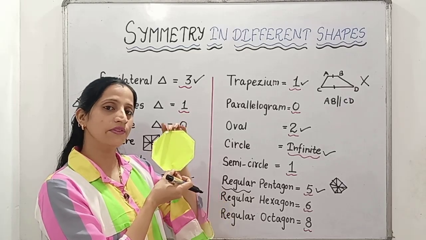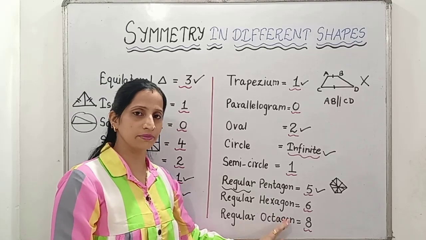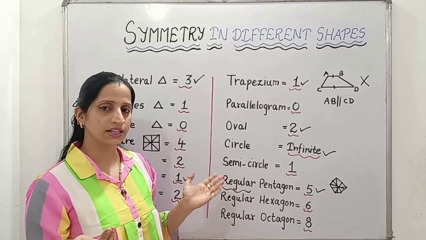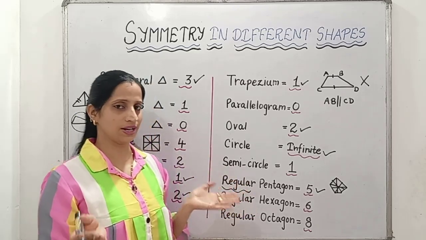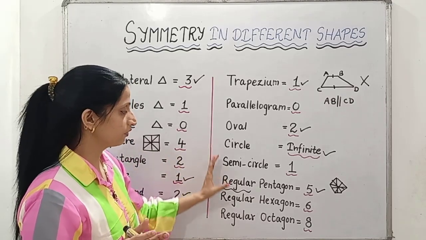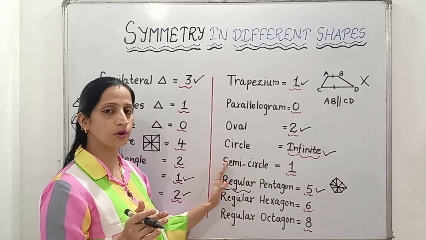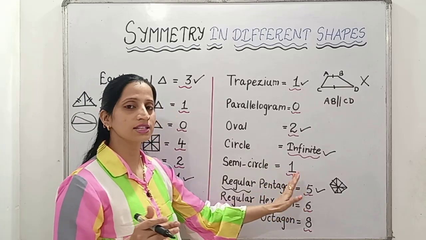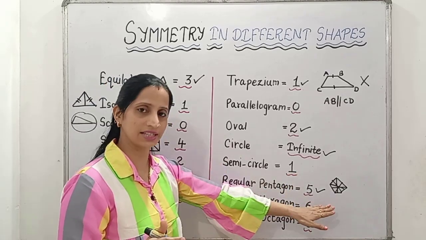If there is a regular nonagon, 9 sides, 9 lines of symmetry. If it's a regular decagon, 10 sides, 10 lines of symmetry. So if the given polygon is a regular polygon, always remember that it will have the same number of lines of symmetry as it has sides.